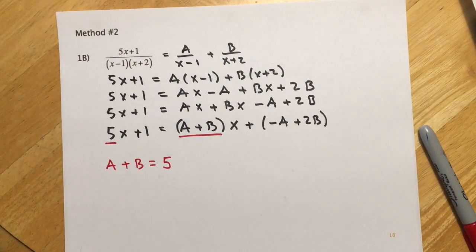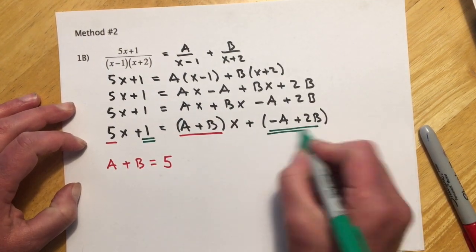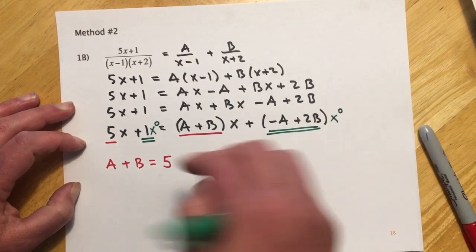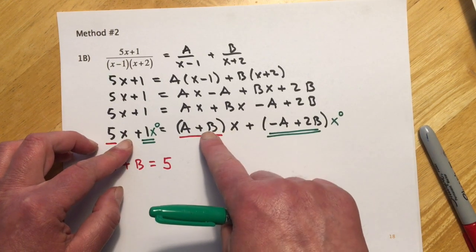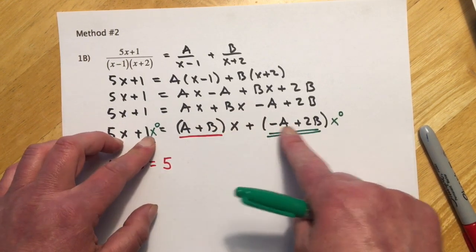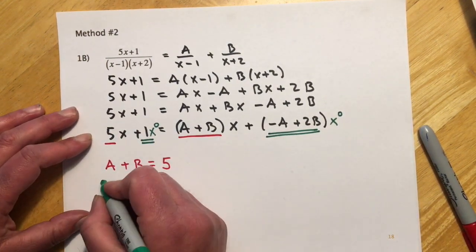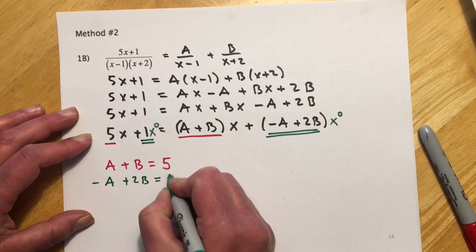And then the 1 has to equal all that other stuff. We could think of this as x to the 0, x to the 0. So we're just saying the 5 goes with the x coefficients, and then the 1 goes with the x to the 0 coefficients. And so this would just look like negative a plus 2b equals 1.